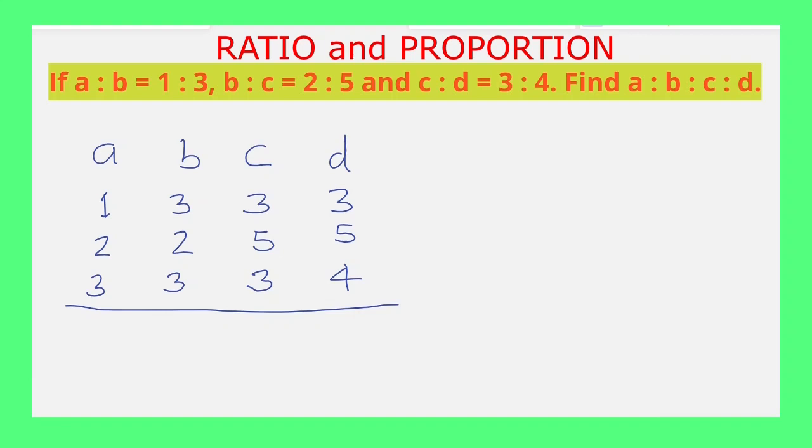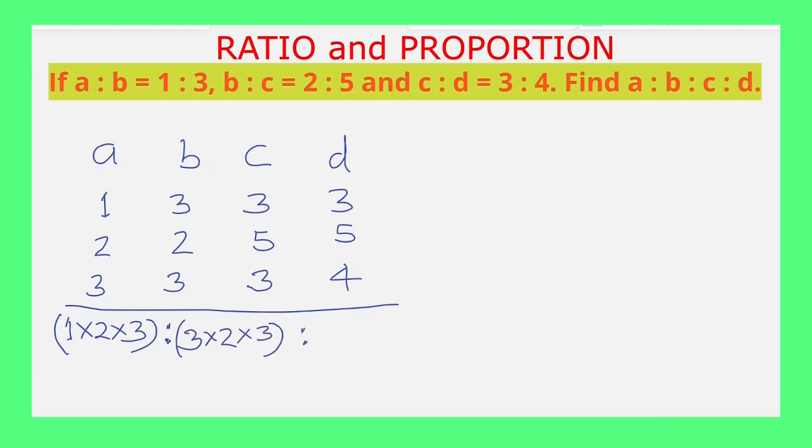So this is 1 multiplied by 2 multiplied by 3. Ratio all the numbers below B to be multiplied with each other, that is 3 multiplied by 2 multiplied by 3.